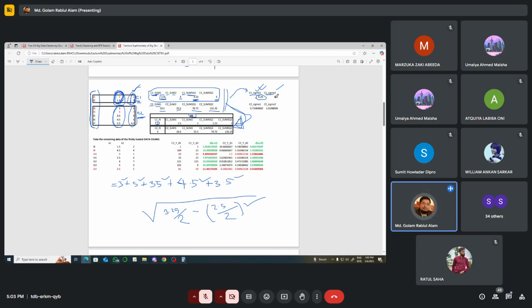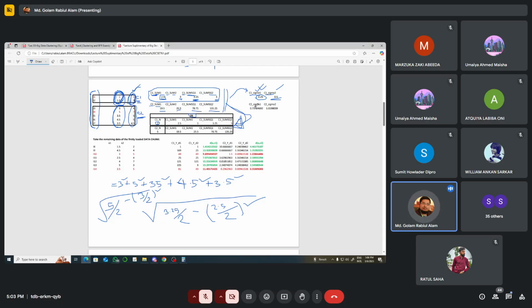Okay, similarly, to find out the standard deviation for the second dimension, we will apply these statistics. That means for the second dimension, the sum of squared values is 5, divided by the number of elements, 2, and minus the sum, which is 3 by 2 whole square, and the square root of that, then we will get this value 0.5.